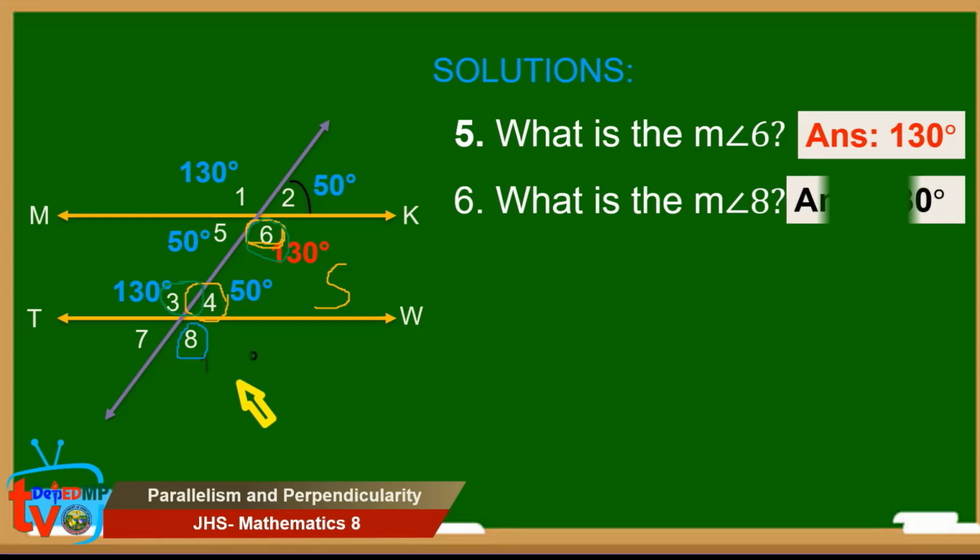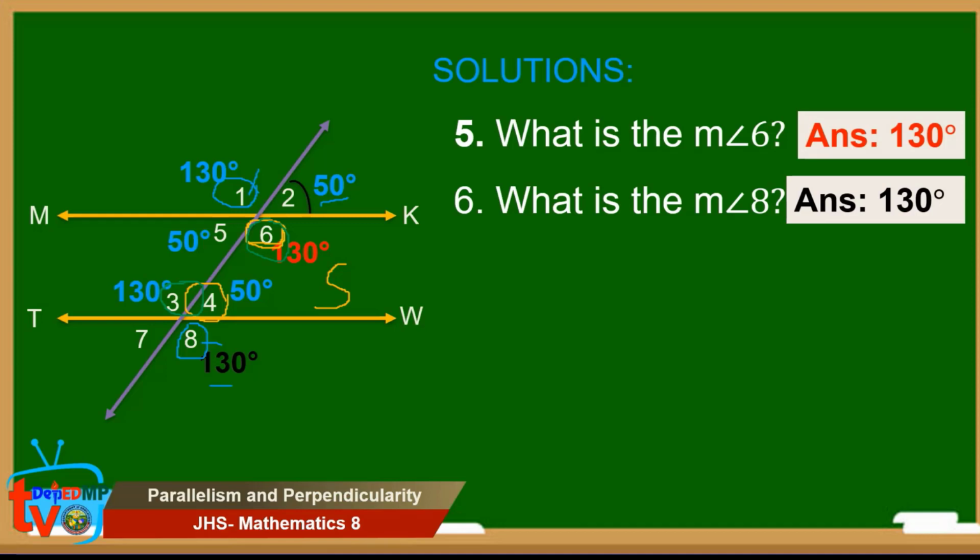One of the reasons, angle 8 is alternate exterior with angle 1 and they are congruent. Another reason, angle 8 is same side exterior with angle 2 and they are supplementary. Another reason, angle 8 is also corresponding with angle 6, so they are also congruent.